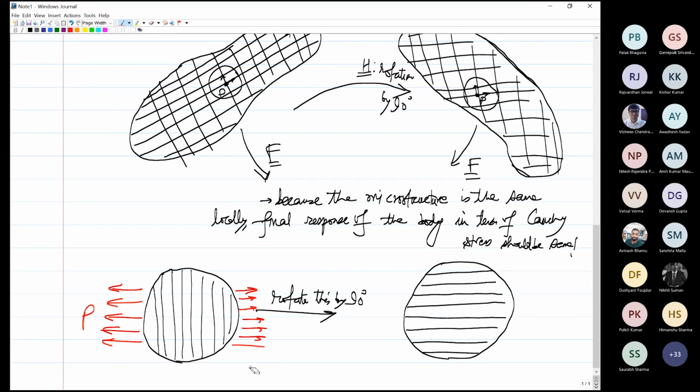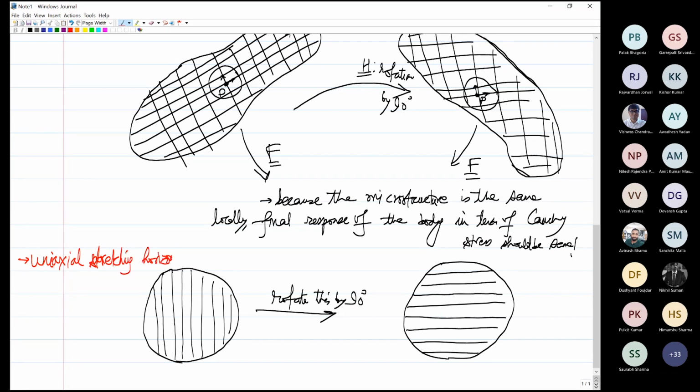And since maybe it is even easier if you think of uniaxial stretching, because we are thinking of applying deformation here. So suppose I do uniaxial stretching horizontally. In both the cases, it's the same uniaxial stretching but horizontally.